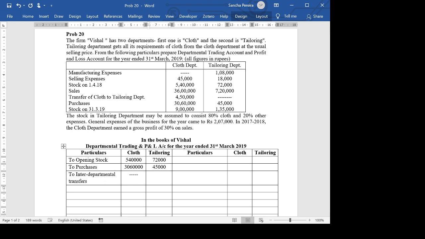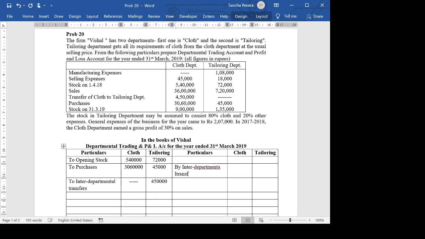So it will be 4,50,000 here. And this side we will have in the cloth department, I've left one line for sale, by interdepartmental transfers. In the cloth column, 4,50,000 because cloth is transferring to tailoring.